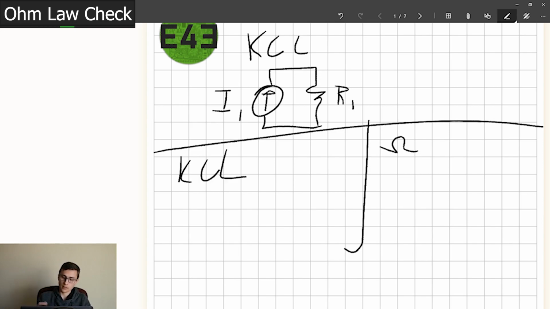Kirchhoff's current law, we end up with I1 minus, we're going to call this node 1, V node 1 times R1 divided by R1 equals 0.